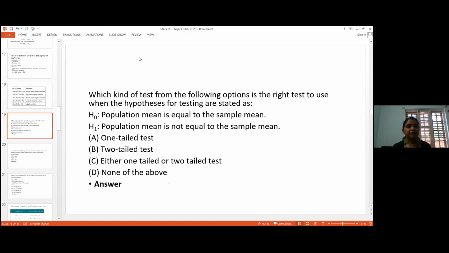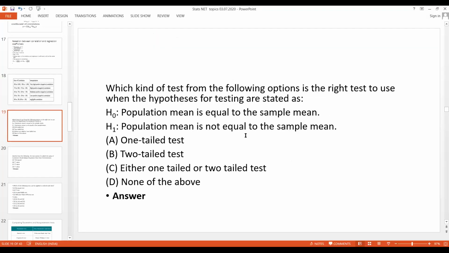Okay, then proceeding further, what is the next question? Which is the right test to use from the following options when the test hypothesis is stated like this.